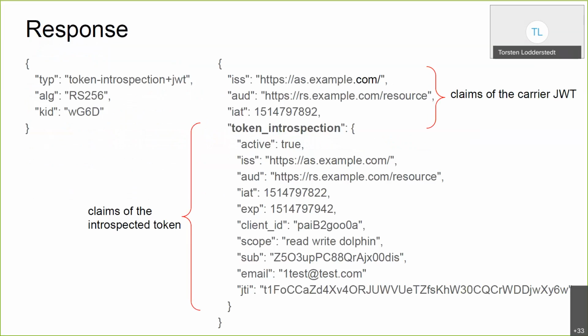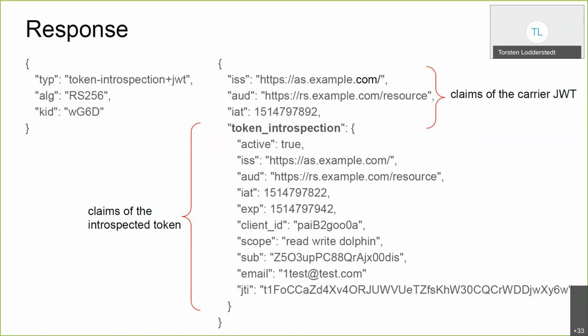And on the right-hand side, you can see we have that token introspection element, and this contains all the data that you would see in a traditional OAuth token response, so whether the token is active and all the other claims. And the top-level claims in that JOT are related to the JOT that represents the introspection response.